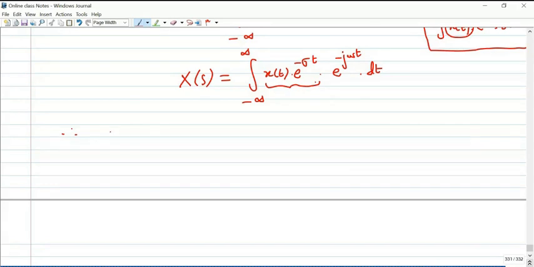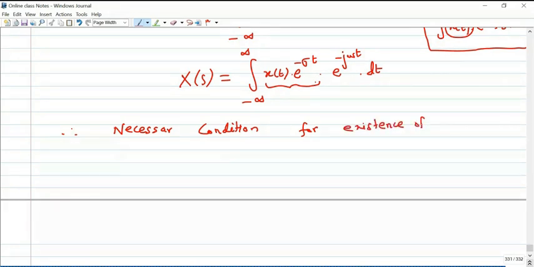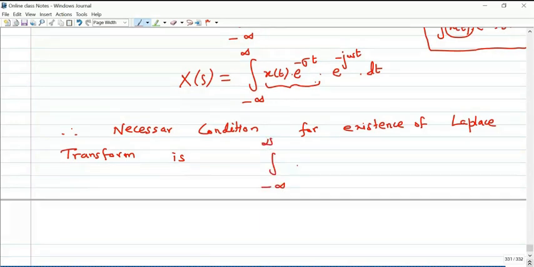Therefore, the necessary condition for existence of Laplace transform is that the integration from minus infinity to infinity of modulus of x of t e power minus sigma t dt should be less than infinity.